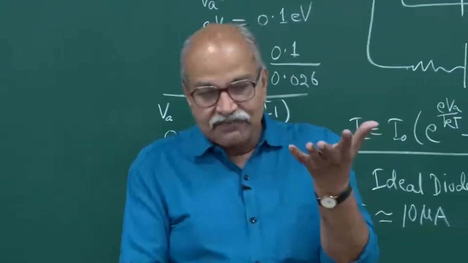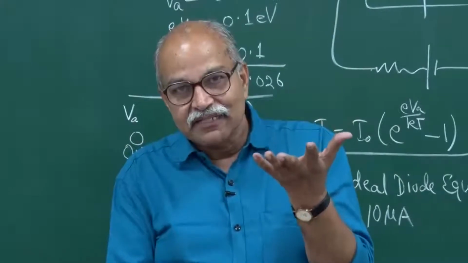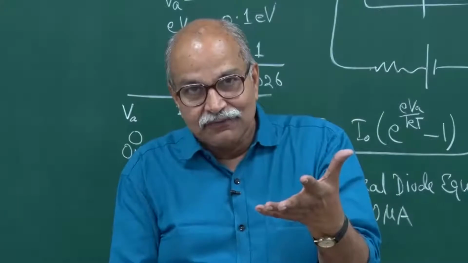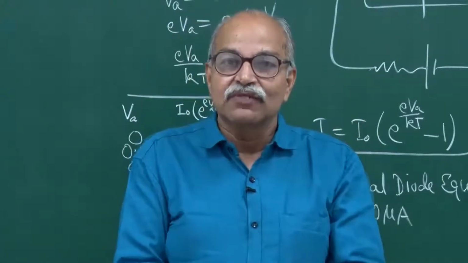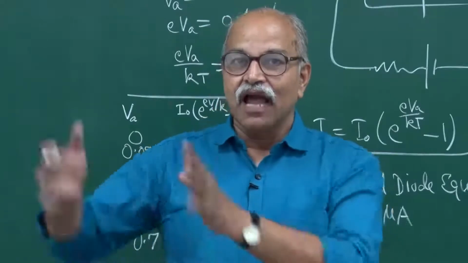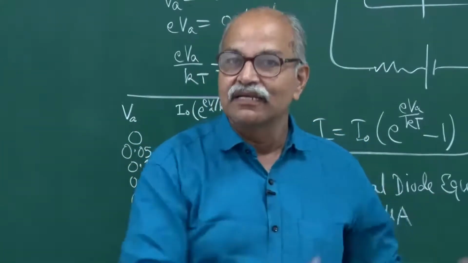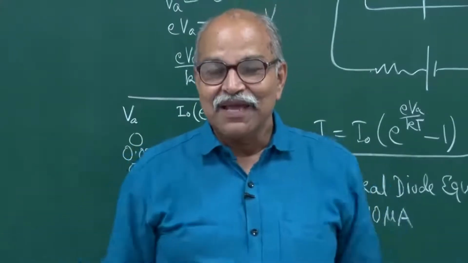If 0.7 electron volt is that barrier, energy barrier, and if you apply 0.7 volts, what you are doing? You are reducing that barrier to 0, there is no barrier. Then the entire majority carriers on this side, the entire majority carriers on this side can just flow without any barrier.